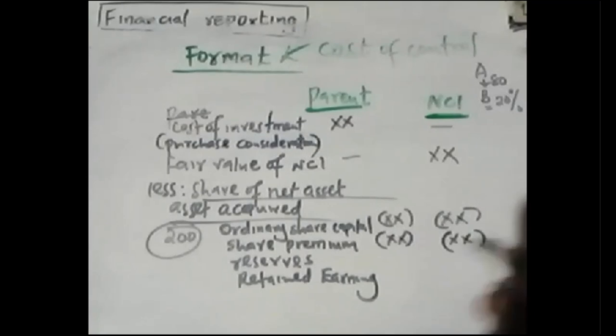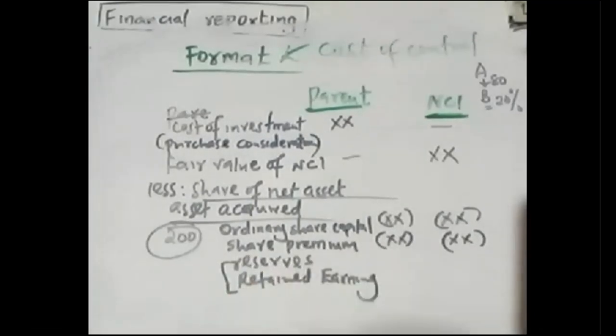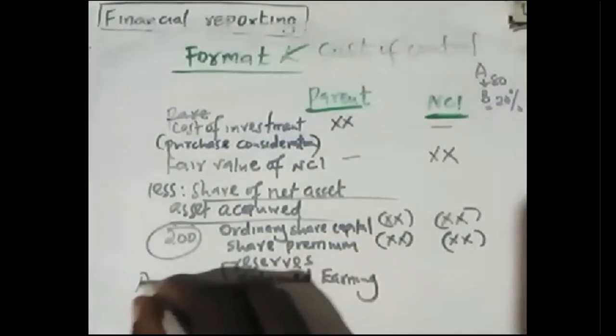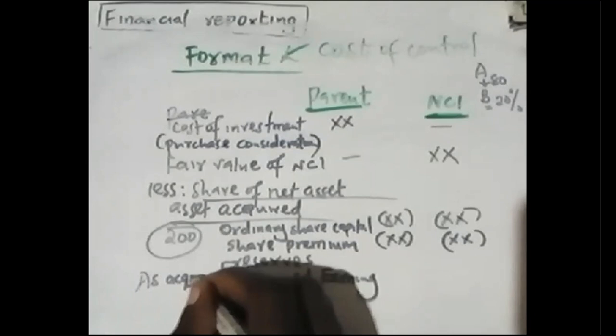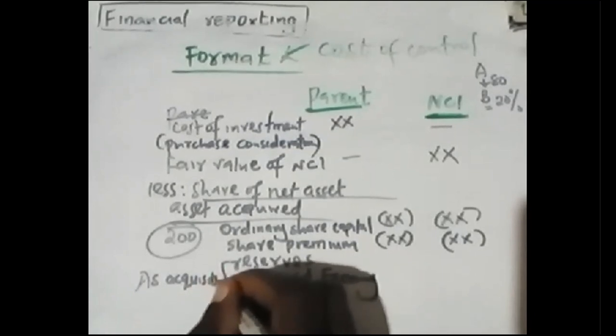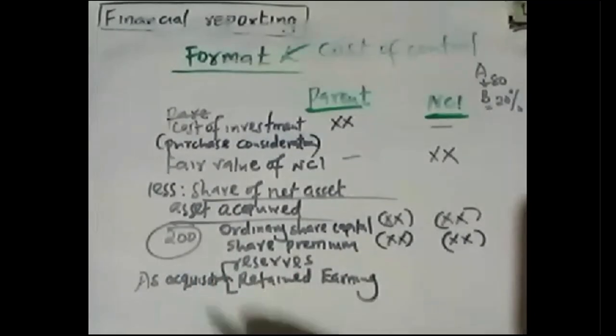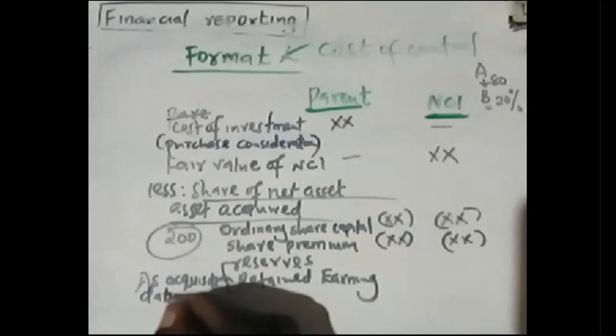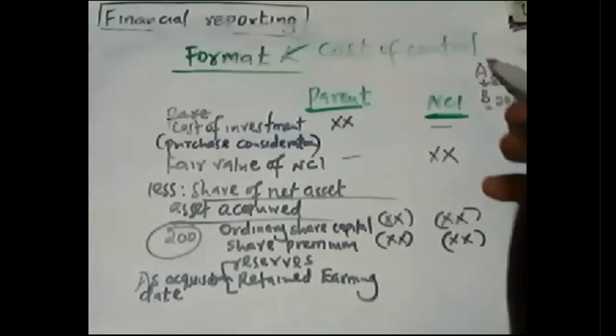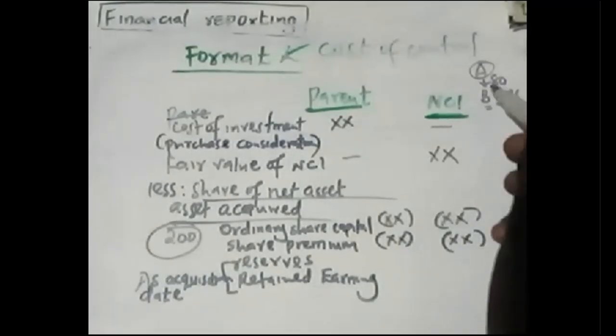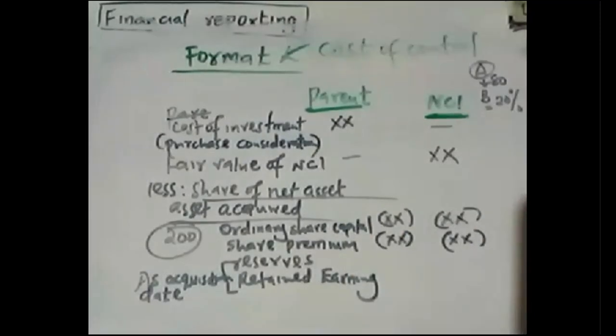Then for the reserves and the retained earnings, the figure you have to use here must be as at acquisition date. So when I say as at acquisition date, if A acquired B on a certain date, as at that date you must be provided with the retained earnings and the reserves.